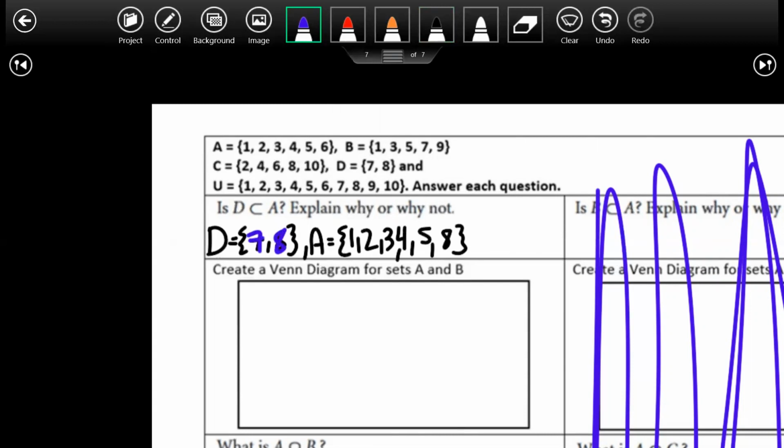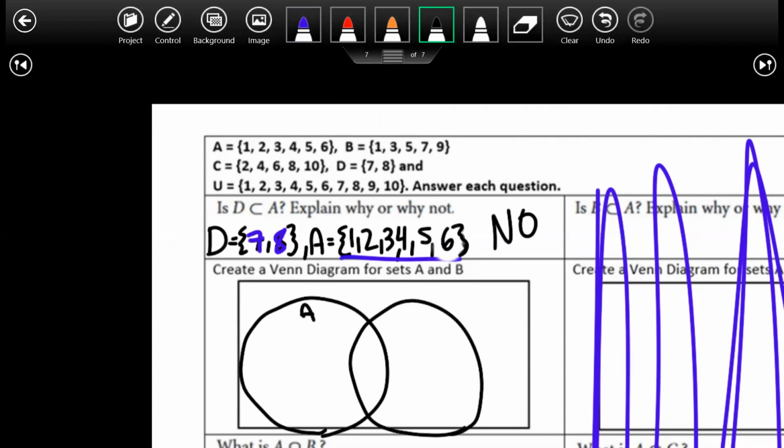Does it exist anywhere in this? It's a 6? So none of the elements that are even in D are in A. So no, it's not a subset.